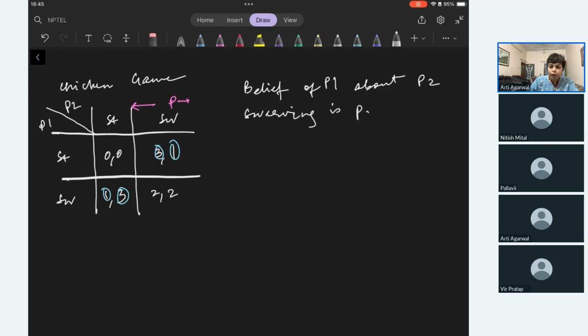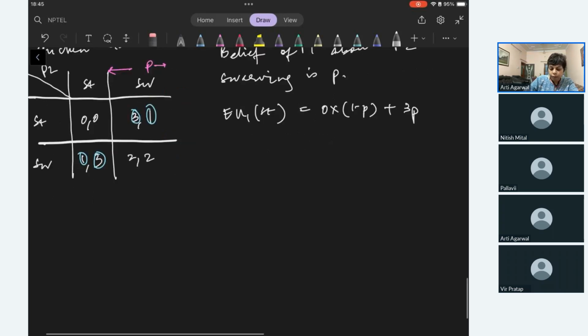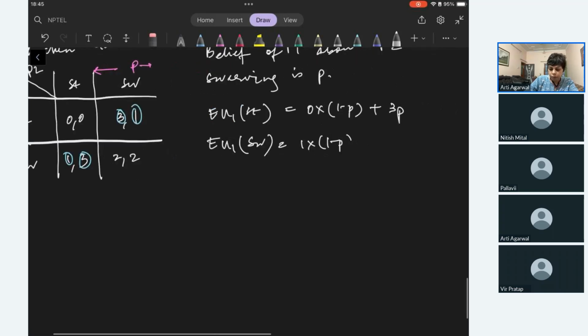So when I'm calculating the payoff of P1, I will write this as expected payoff U1 of P1. Suppose I calculated for the straight strategy. If P is the probability of swerving, 1 minus P is the probability of going straight. So this is your expected payoff. And let's calculate the expected payoff of 1 for swerving. So this is 1 into 1 minus p plus 2p. Okay.